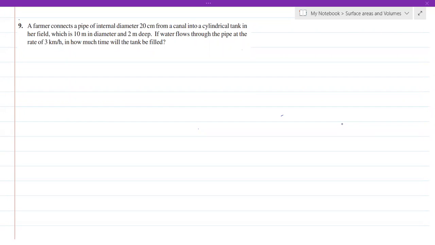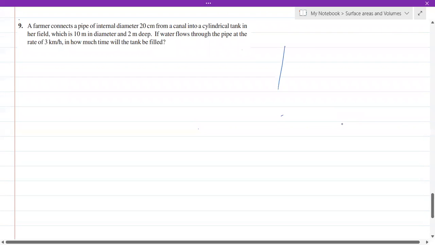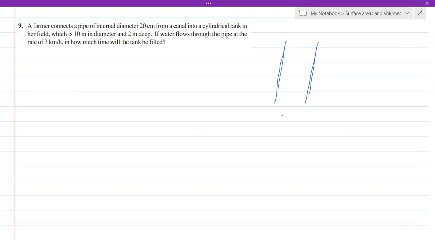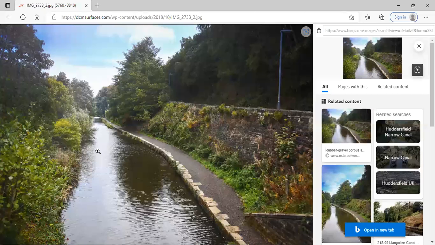Here, what we have got is a canal. Something like this, or let me share the screen and show you how the canal looks. So it looks something like this. This type of structure is called the canal.